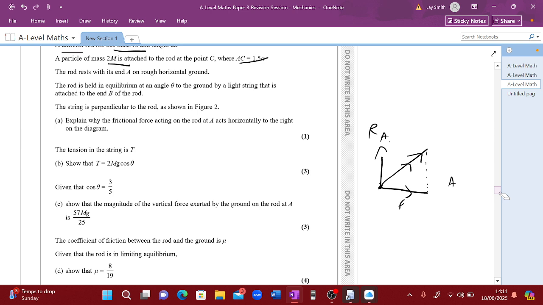But here, pay attention. They only ask for the magnitude of the vertical force, which is just Ra. So friction's not involved. The friction is acting horizontal.